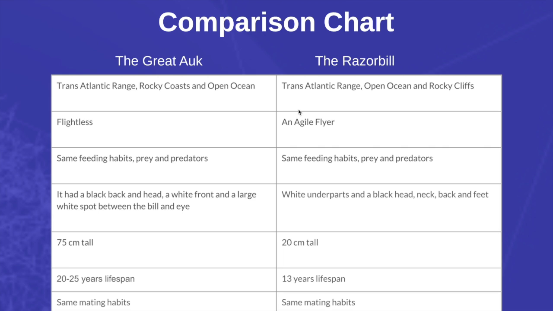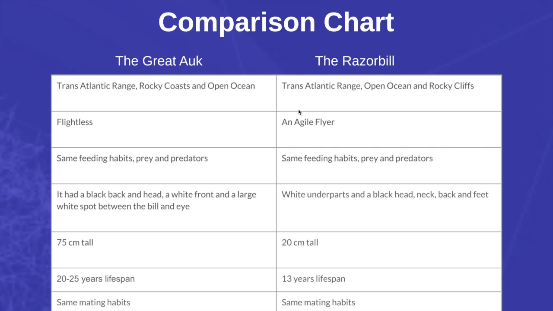One big difference between them, though, is that the great auk is flightless, but the razorbill is actually an agile flyer. So that is one gene that I'm going to need to alter, and I'll talk about how we can alter these distinct genes to create and bring back the great auk.